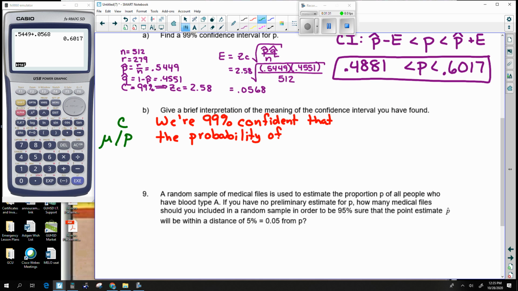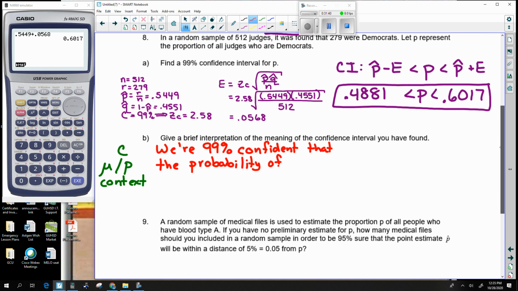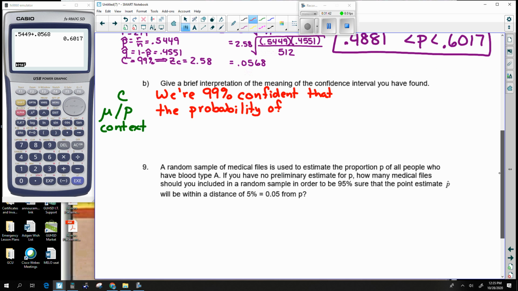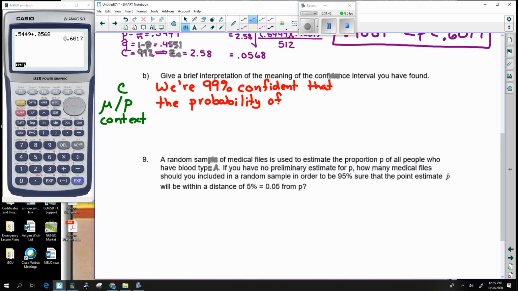All right. Next thing we do is we use context in a singular fashion. So don't use plurals, use singular. What are we talking about? So I believe we are talking about judges that are Democrats. So the context is a judge being a Democrat. Okay, and then give the confidence interval that you got.